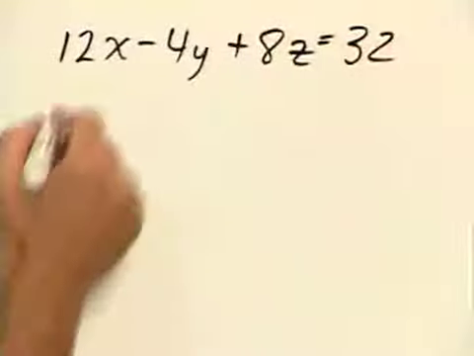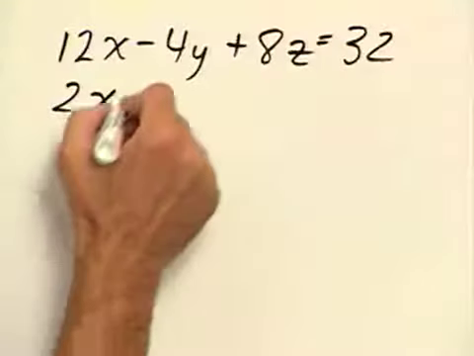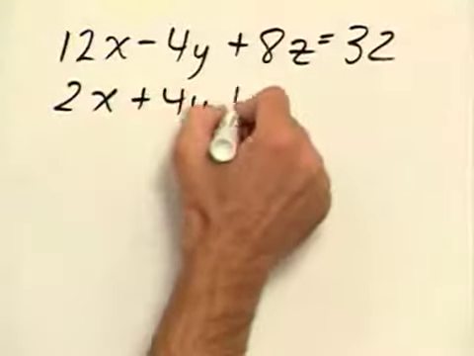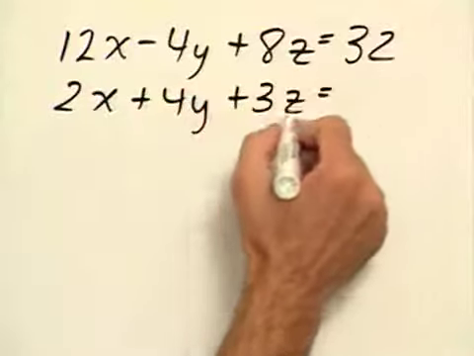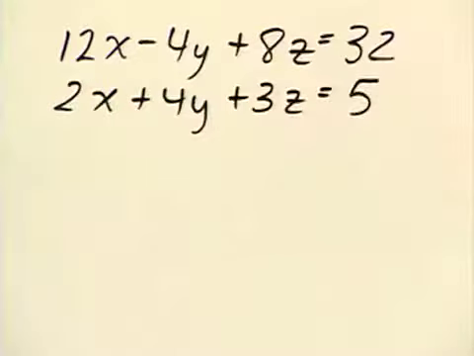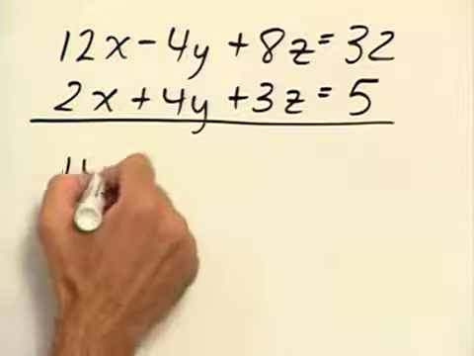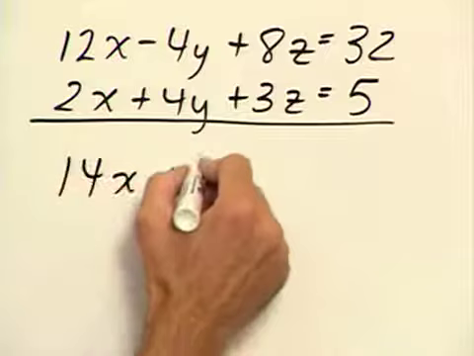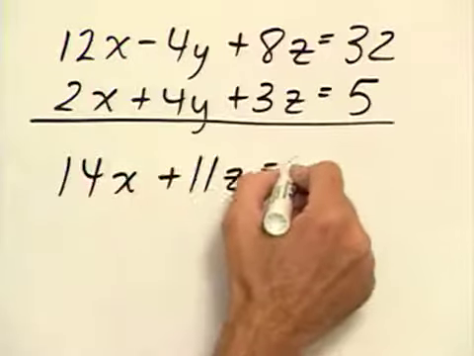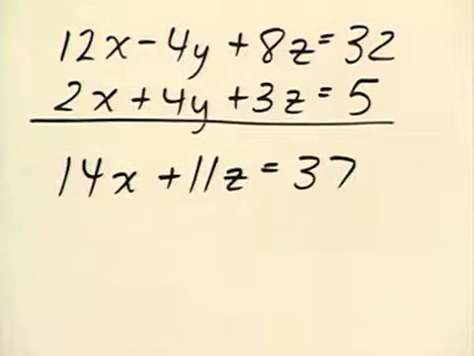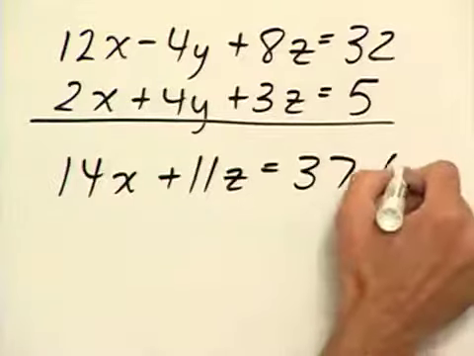And our equation 1 was 2x plus 4y plus 3z is equal to 5. And if I add these two equations together, what I'm going to get is 14x plus 11z is equal to 37. Now, we'll call this one equation 5.